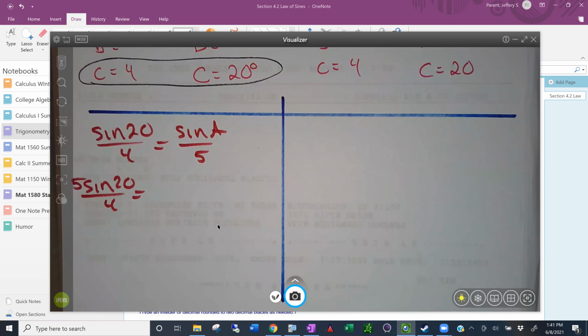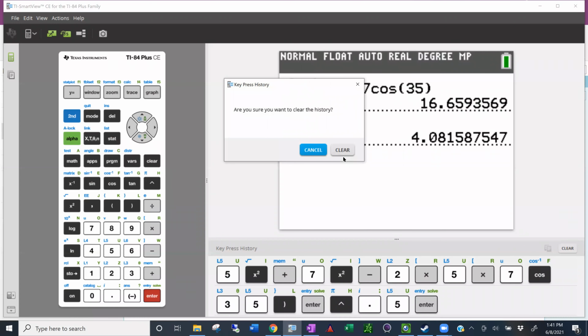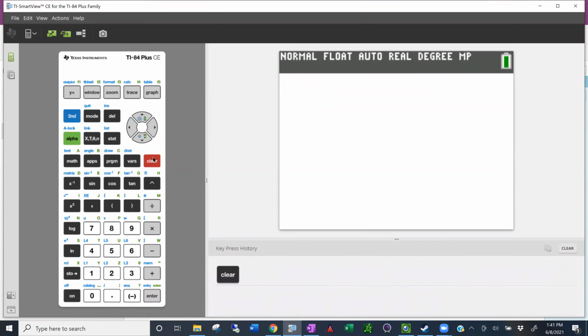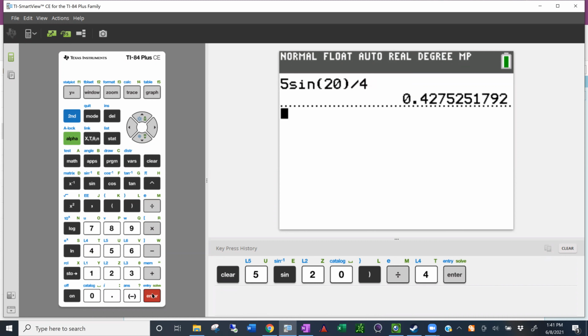Let's do that on the calculator here. Clear that out. So 5 sine of 20 divided by 4. Okay, so I get 0.4275, et cetera, and that's equal to the sine of A. But I want A, I don't want its sine.